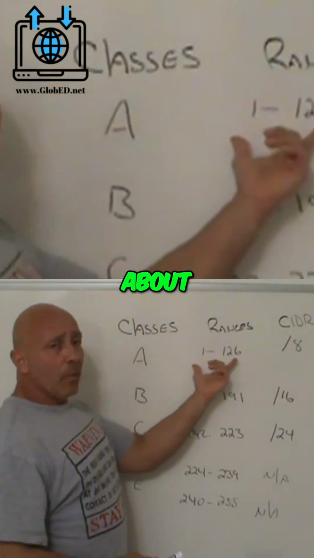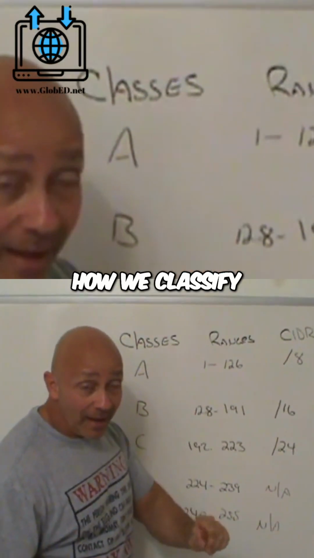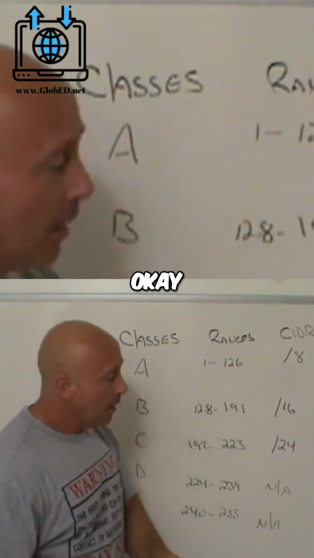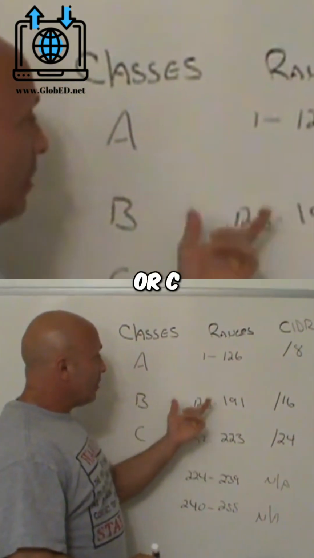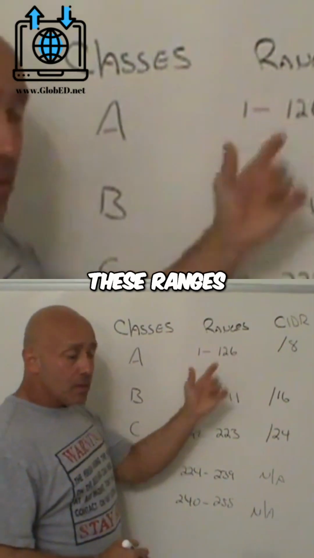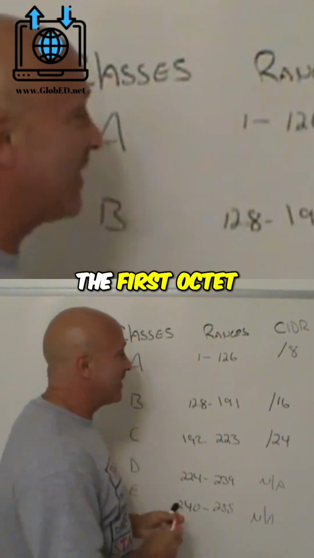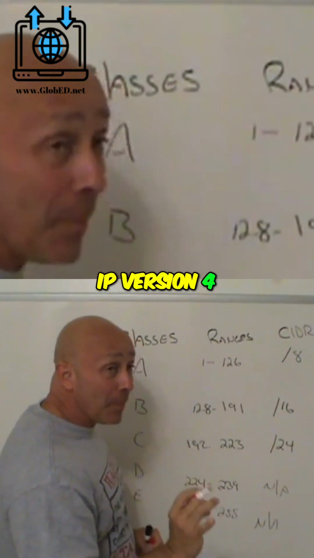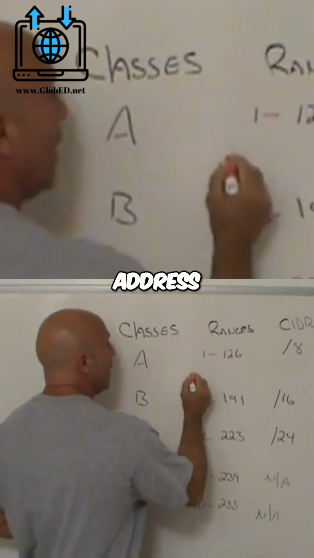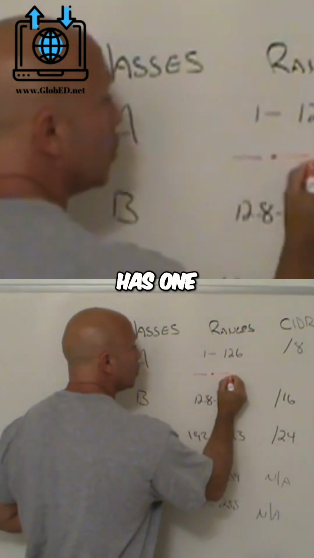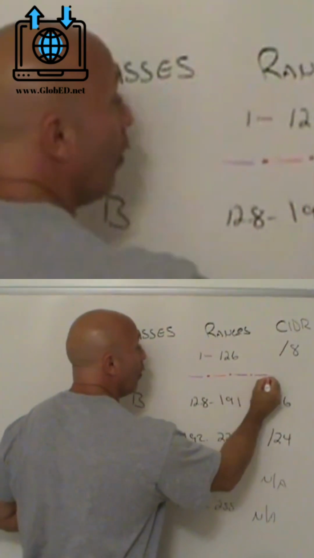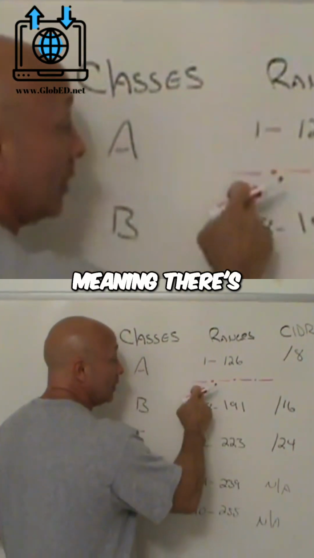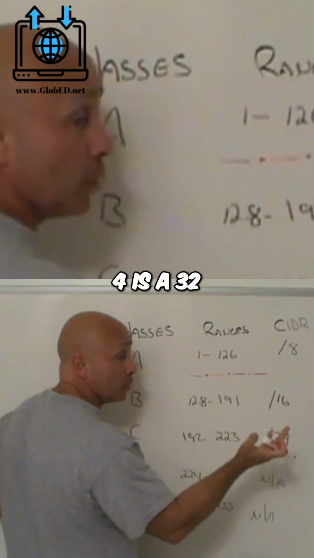Now, when we talk about the ranges and how we classify, if it's an A, B, or C, these ranges are in the first octet. And an IP version 4 address has 1, 2, 3, 4 octets, meaning there are 8 bits in each one. That makes it a 32-bit address.